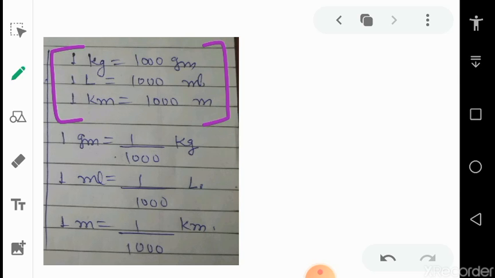So it's very easy to remember all these because there is a symmetry. In reverse order, if we want to convert the units, 1 gram equals 1/1000 kilogram, 1 milliliter equals 1/1000 liter, and 1 meter equals 1/1000 kilometer.